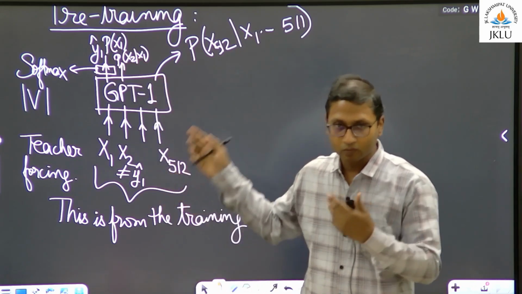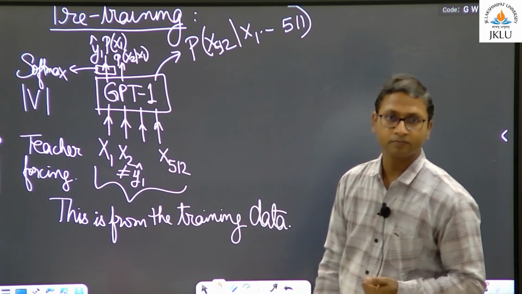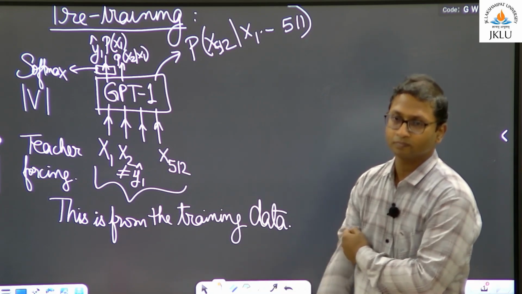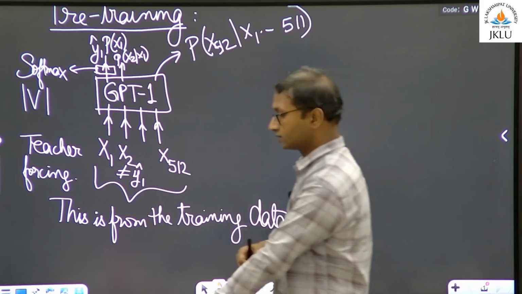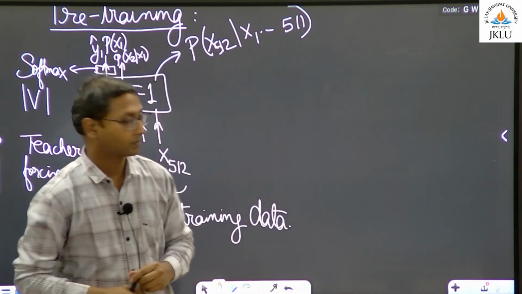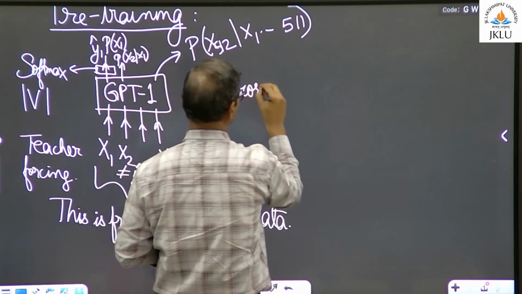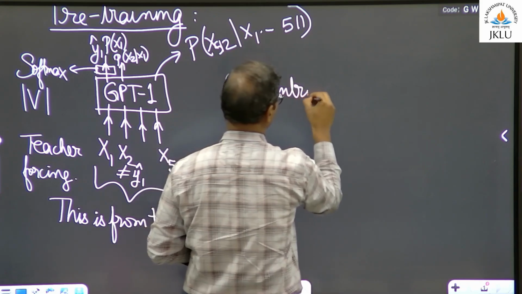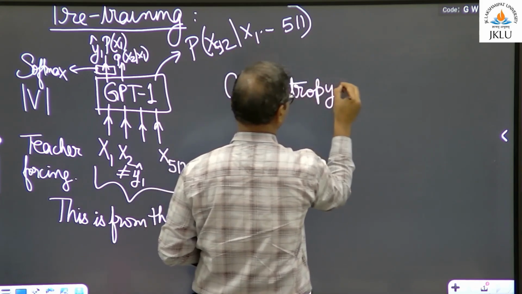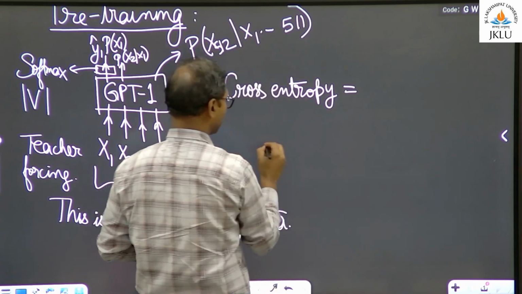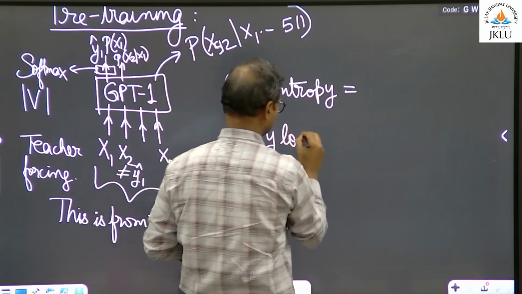I mean, what loss can we use? Very standard thing. What was cross entropy? So cross entropy was, I'll first write these things.